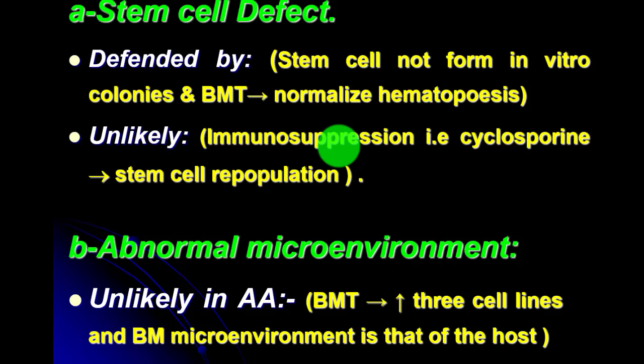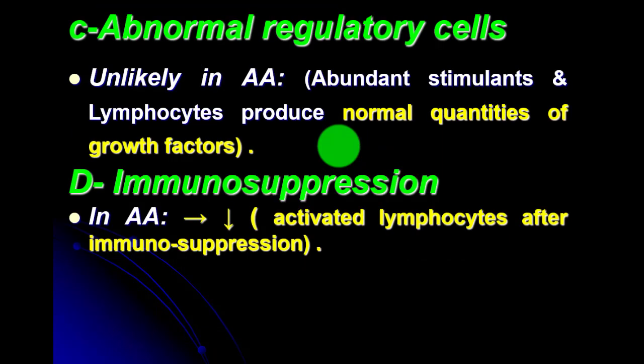Abnormal microenvironment, unlike in BMT, where the microenvironment is that of the host. Abnormal regulatory cells; lymphocytes produce normal quantities of growth factor; immune suppression activates lymphocytes.